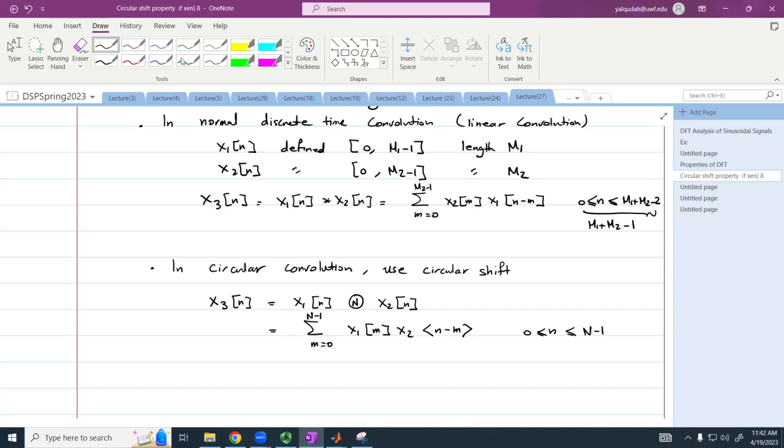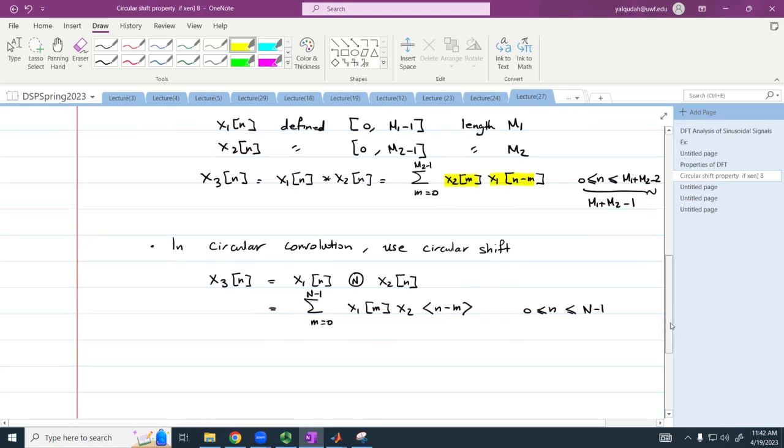Again, here we're keeping x2, we're shifting x1. So if there is overlap, we have values. If there is no overlap, the terms are going to be 0. So the only time we're going to have an overlap is between 0 and M2 minus 1, which is where x2 is defined.